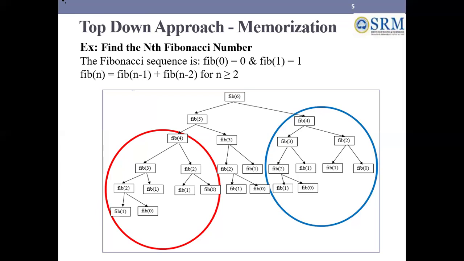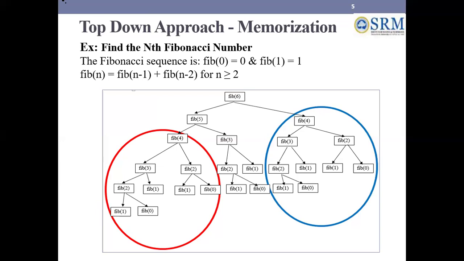See the diagram. Here is the recursive call. This is the representation of the recursive calls. The input is 6. Now we are going to find the sixth term in the Fibonacci series. So how can it be split into two recursive calls? Here we have two recursive calls, Fibonacci of n minus 1 and Fibonacci of n minus 2. So Fibonacci of 5 and 4. Again, Fibonacci of 5 is divided into two subproblems, 4 and 3. Again 4, 3 and 2.